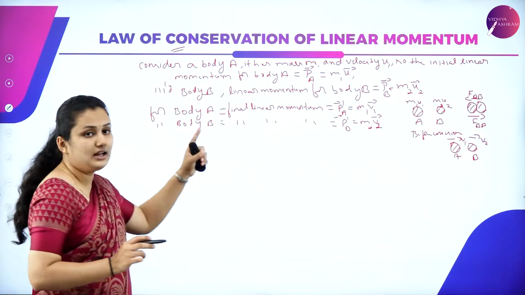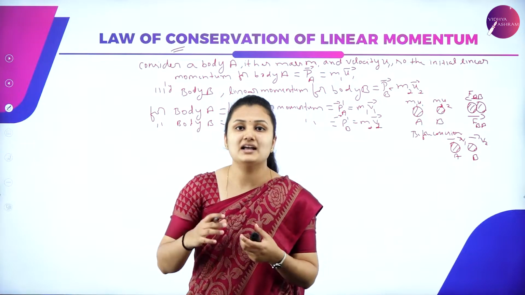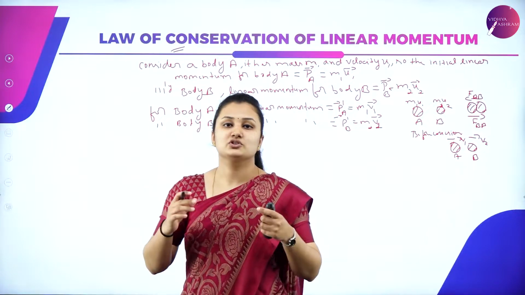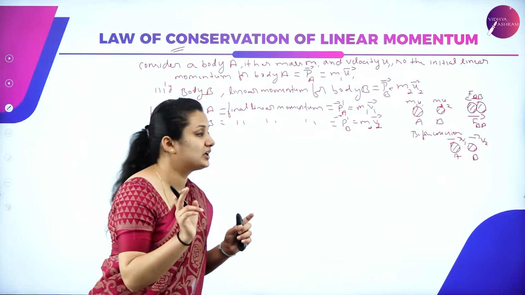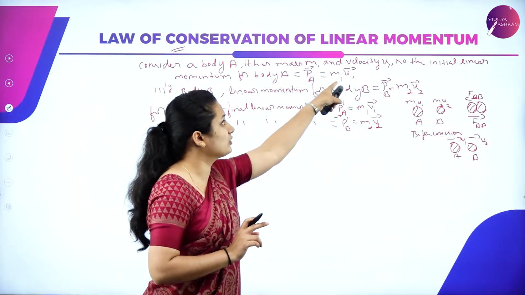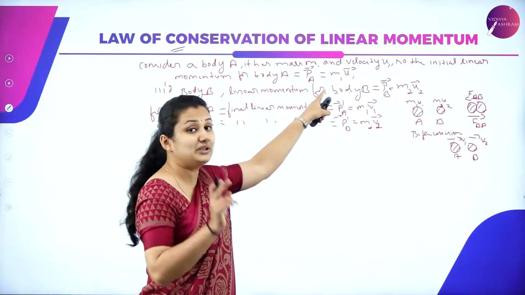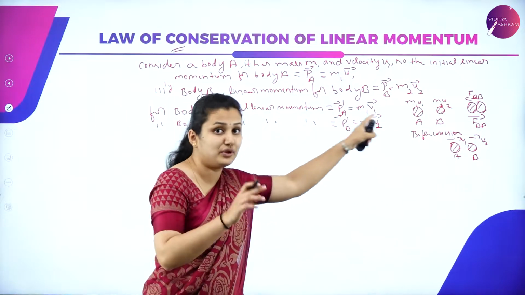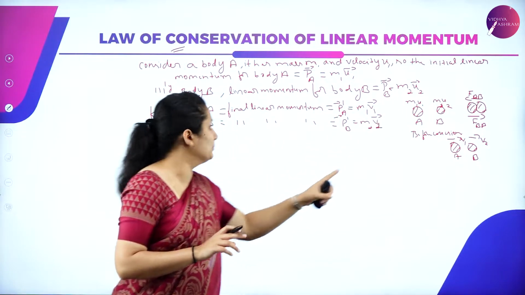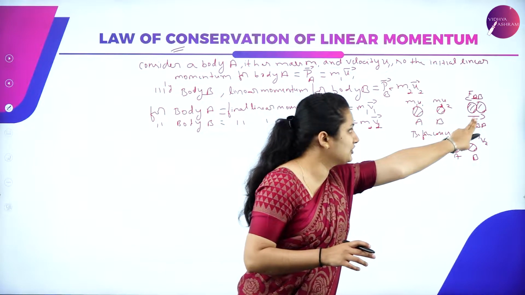Now consider I have a body A and body B which are moving with mass m1, m2 and velocity u1, u2. So the initial linear momentum for body A will be given by PA is equal to m1 u1. Similarly for body B, the initial linear momentum, that is before collision, will be PB equal to m2 u2.